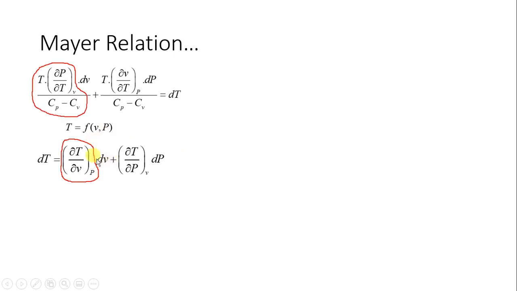Now compare these two equations. Both equations have dT, so the right hand side should be the same. And on the right hand side, both equations have dV and dP. So this red colored part will be equal. T dou P by dou T at constant V, divided by Cp minus Cv, will be equal to dou T by dou V when pressure is constant.